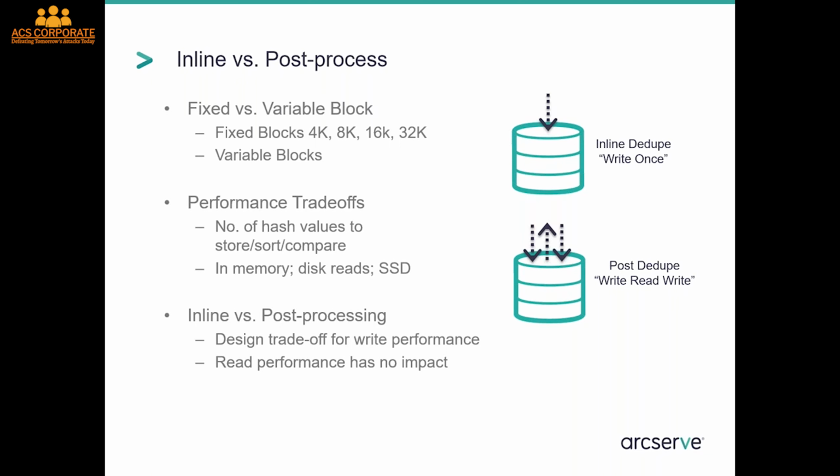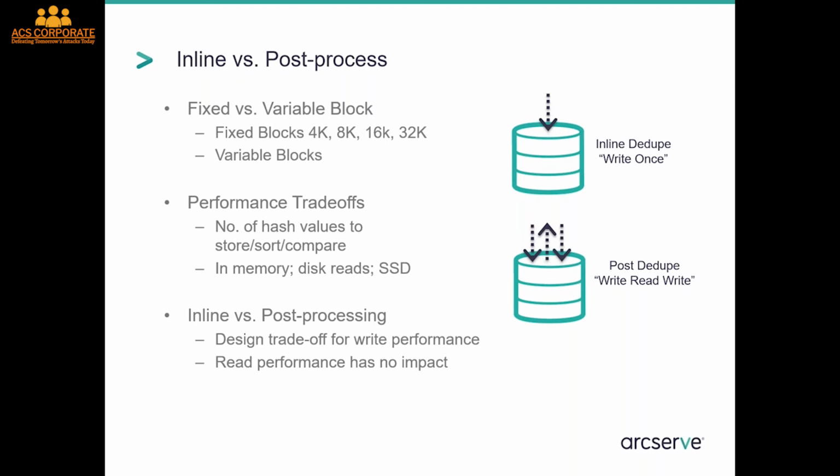You will notice that there are lots of appliance vendors on the market today that will tell you that if you want to back up 10 terabytes of data, you need to buy an appliance that has 20 terabytes of disk in it. The reason they tell you that is because their appliances use post-dedupe, not inline. So they need a lot more storage available to land the initial backup on disk and then crunch it down afterwards.